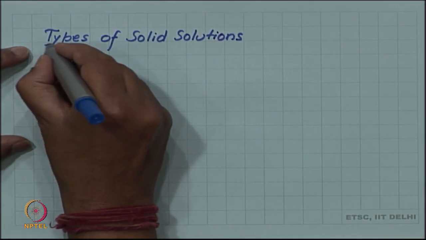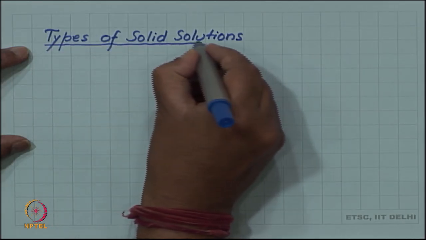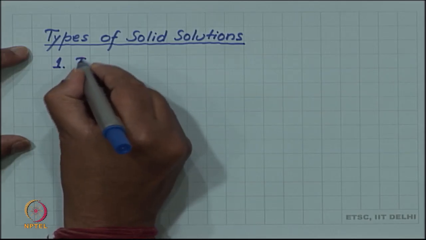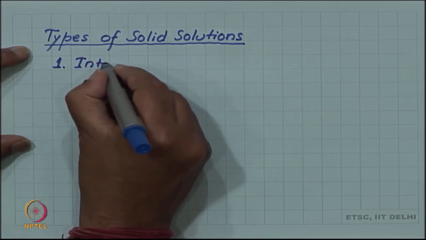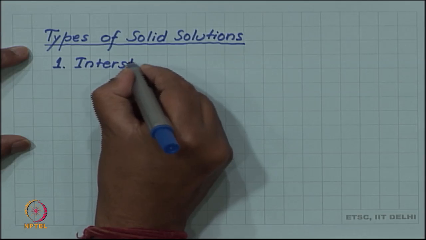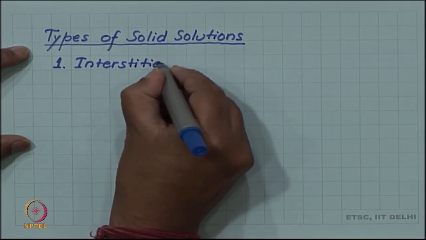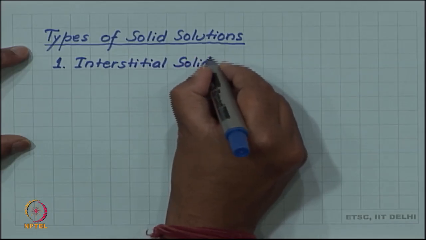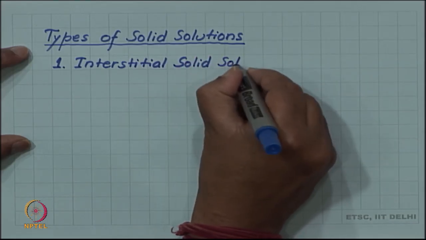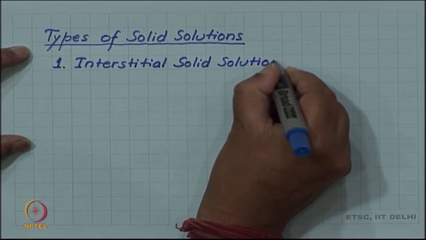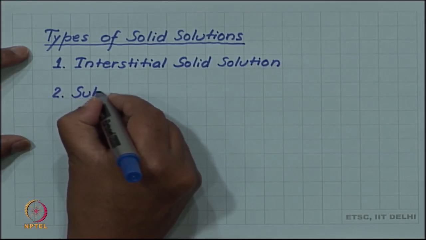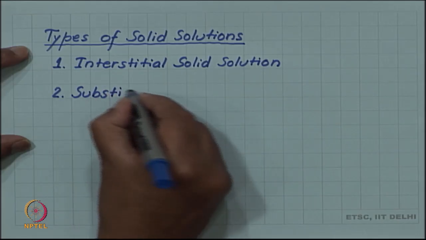Types of solid solutions. We distinguish two types. One is called interstitial solid solution, and the other is called substitutional solid solution.